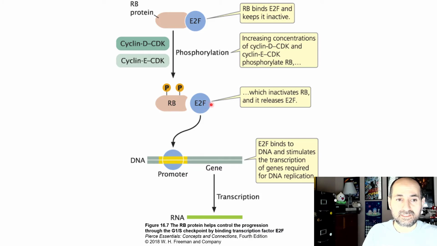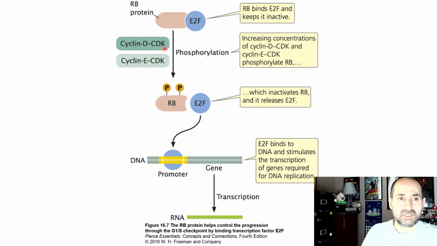E2F is a transcription factor. It can then travel to the nucleus and bind to a special promoter to activate a gene, right? This gene produces a gene product which is required for DNA replication, and replication can occur.